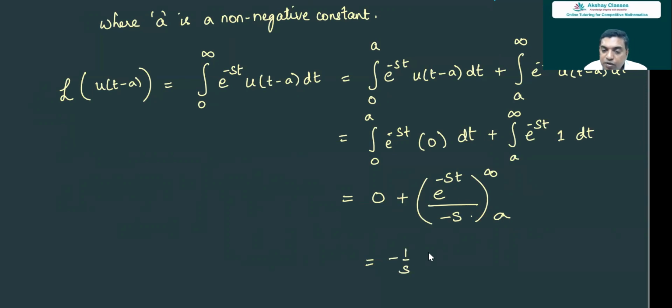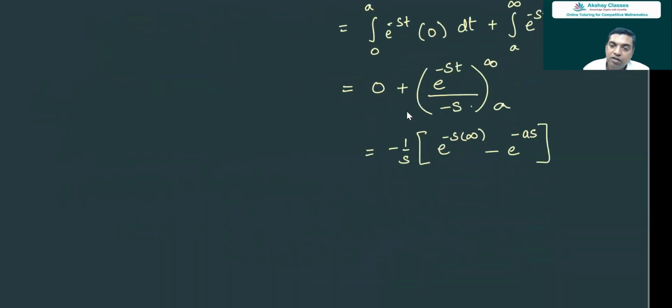So minus 1 by s taken out, e to the power minus s times infinity minus e power minus s times a. Now e power minus infinity is 0, minus e power minus as.